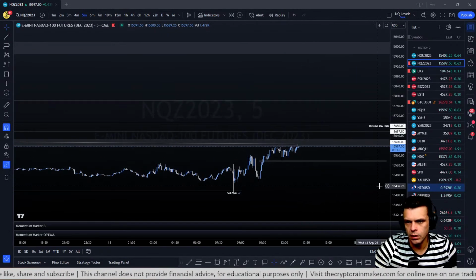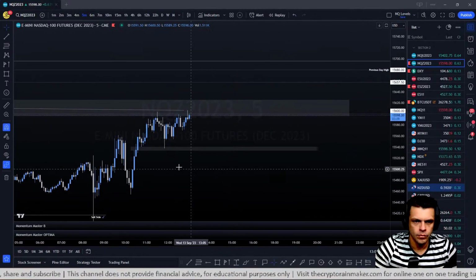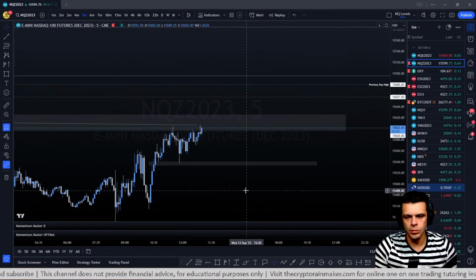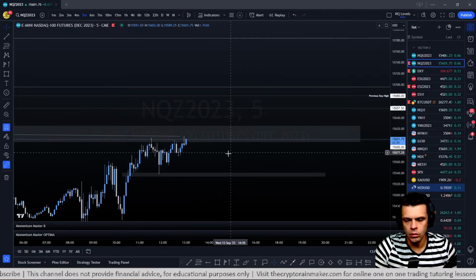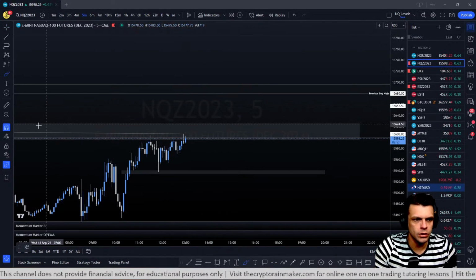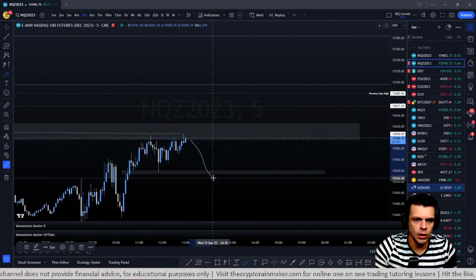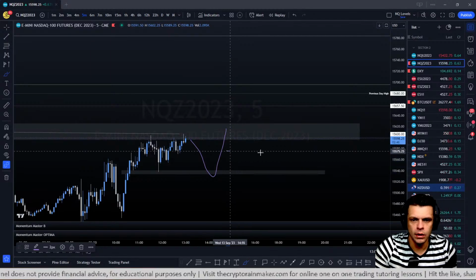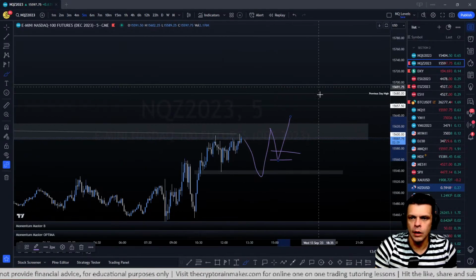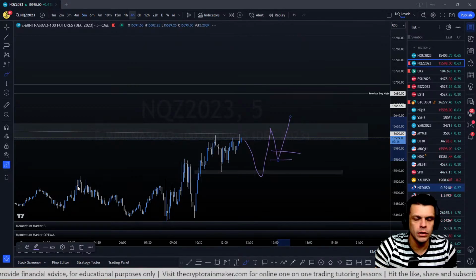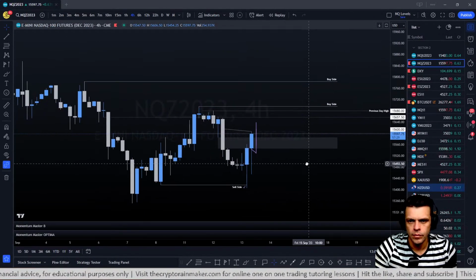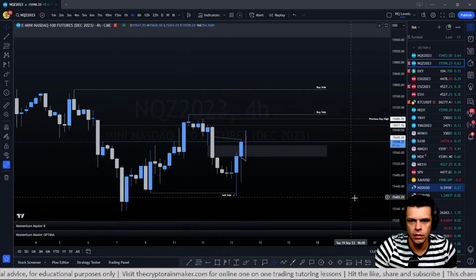So what we want to see is, before 2 o'clock when the silver bullet starts, somewhere between now and 2 o'clock, if the drawn liquidity is correct, then we want to see price action take out some of these lower time frame lows and then displace to the upside, and then we'll enter on the retrace in a fair value gap or an order block, and then we'll run it to the previous day high, basically the liquidity that we identified on the 4 hour chart, right there, either that high or that high right there.